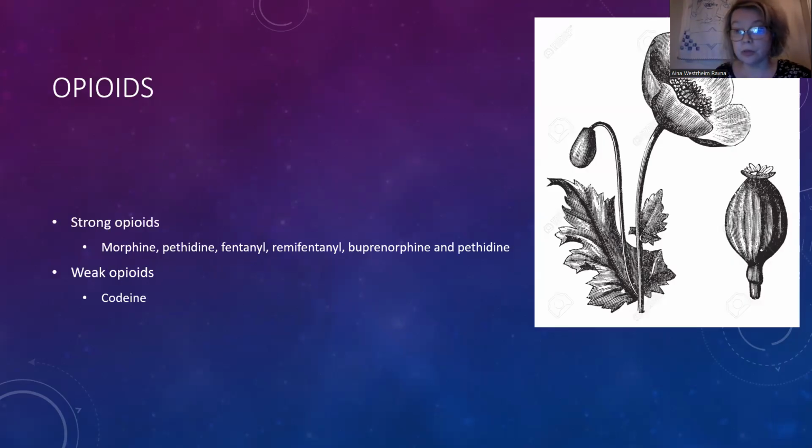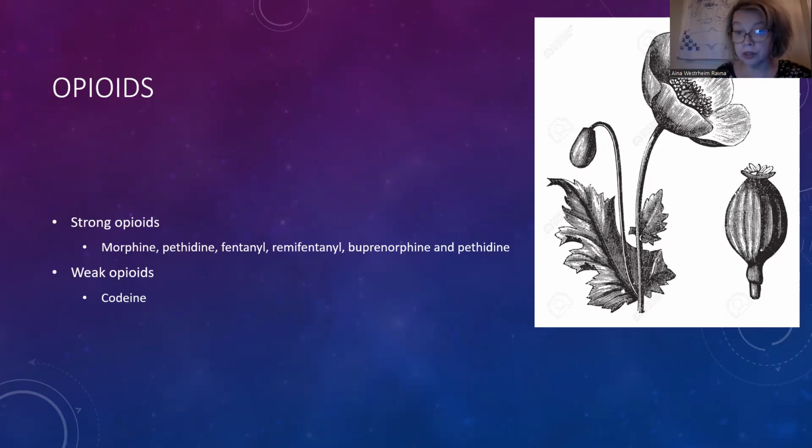Let's talk about opioids first. We have strong opioids. Some examples are morphine, pethidine, fentanyl, remifentanil, buprenorphine, and pethidine. There are many more, so these are just examples. And we also have weak opioids.